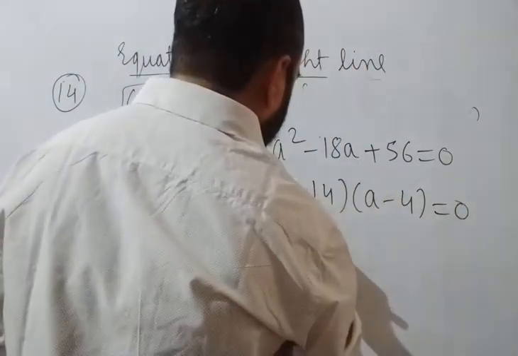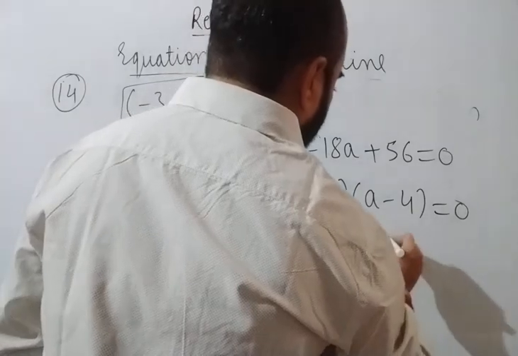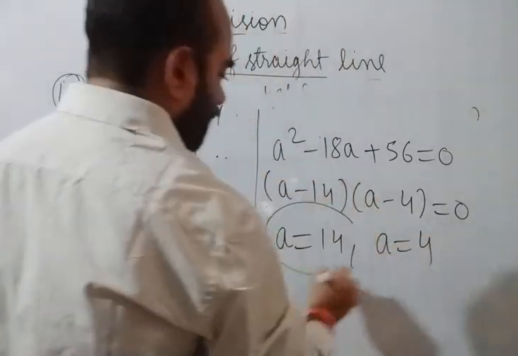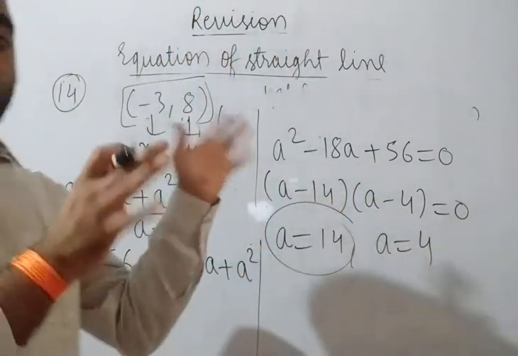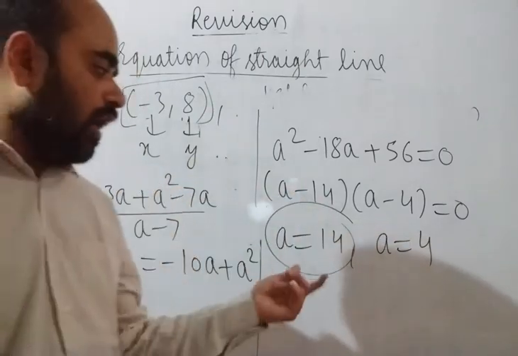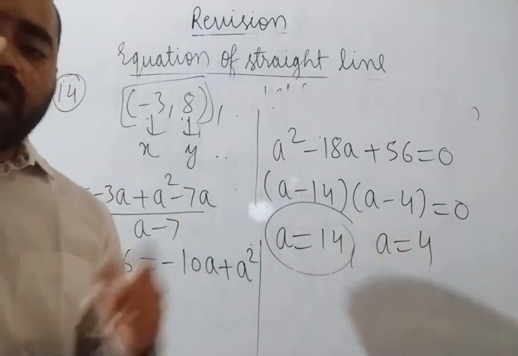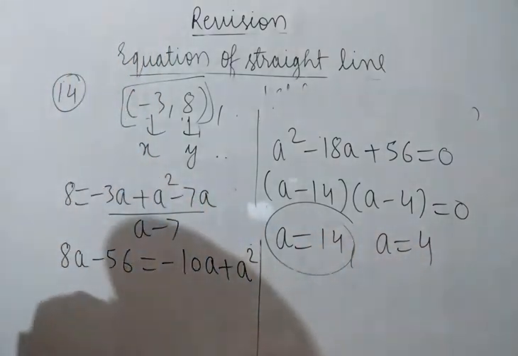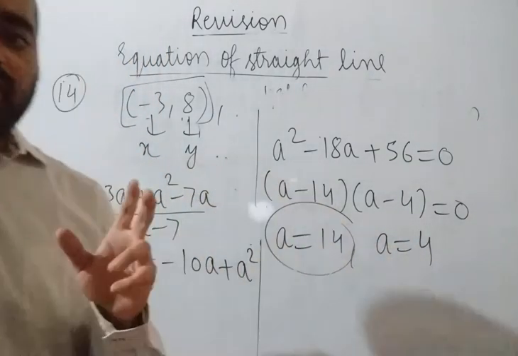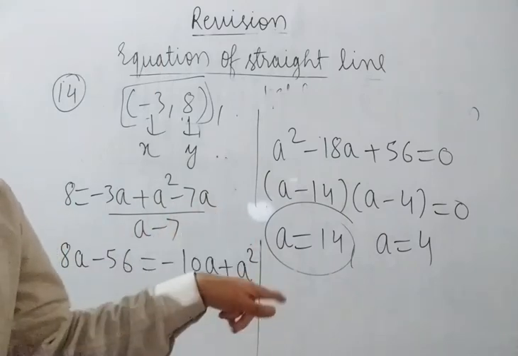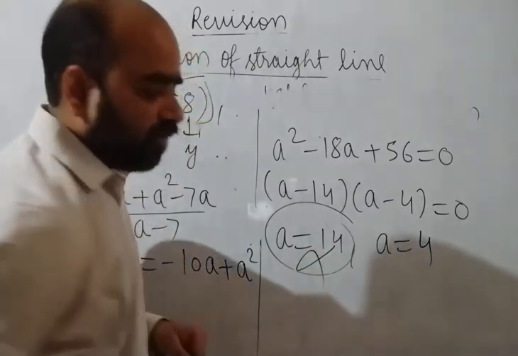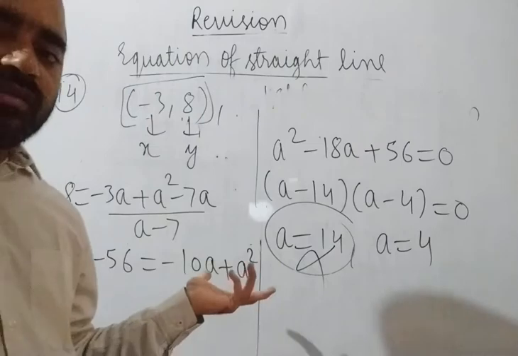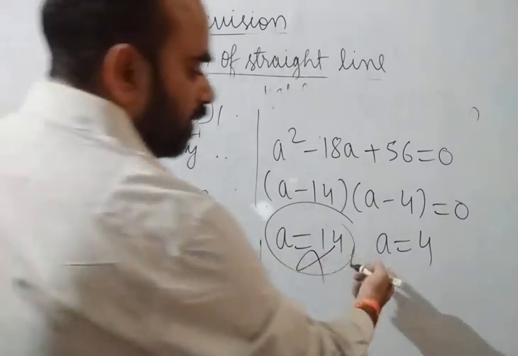It means a is 14 or a is 4. But a cannot be 14. Why? The sum of both intercepts is 7, so how can one be 14? Both the intercepts are positive and the sum is 7. It means one cannot be equal to 14 or greater than 7, so a will be 4.